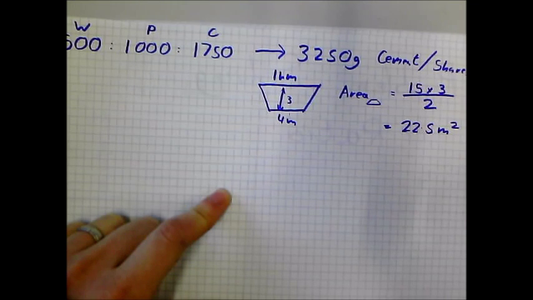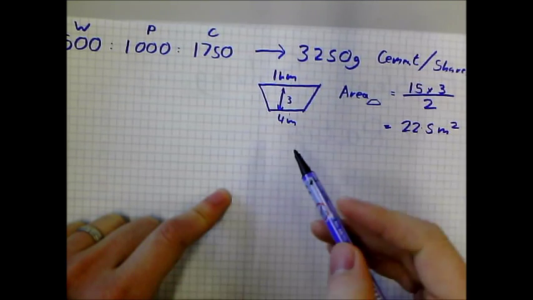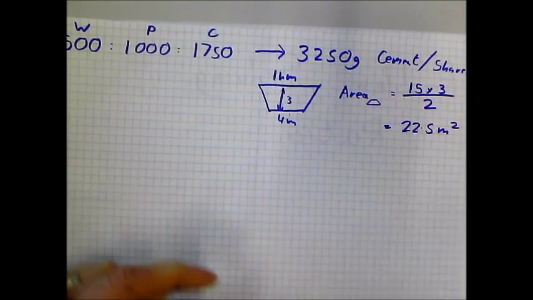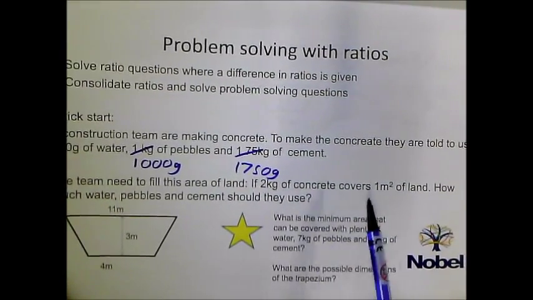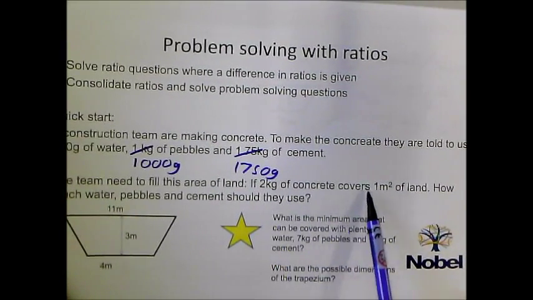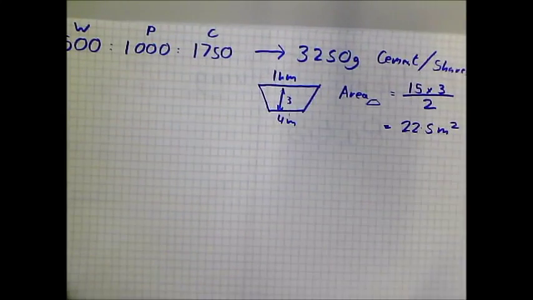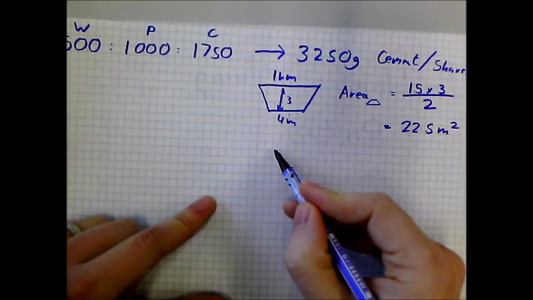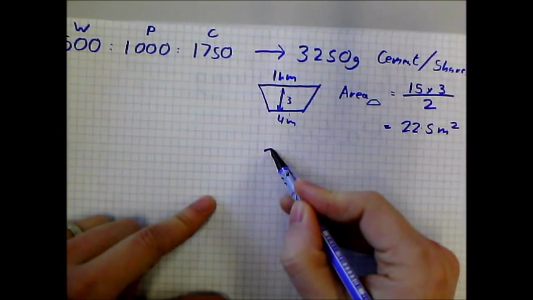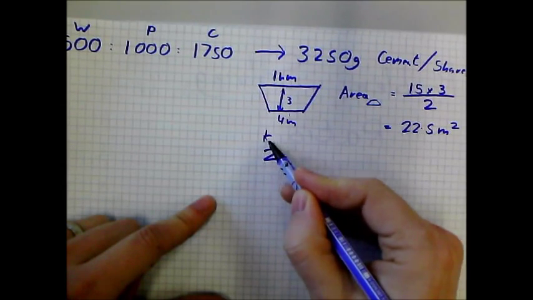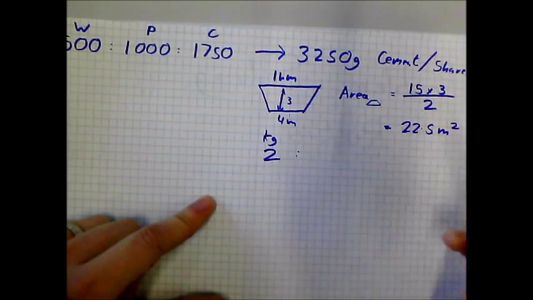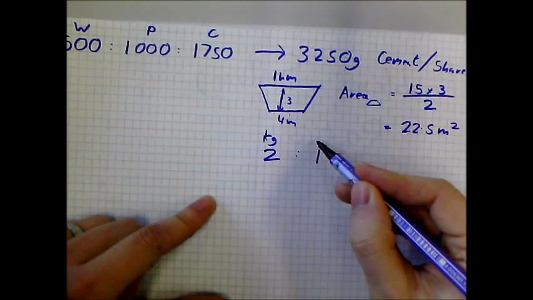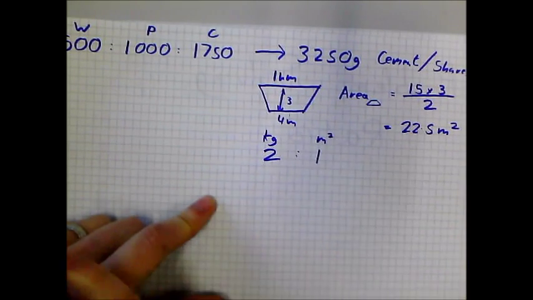Okay, so now let's look at our original question again. We're told that 2 kilograms of cement will cover 1 meter squared of land. So I can make up a different ratio here that says 2 kilograms of cement will cover 1 meter squared.